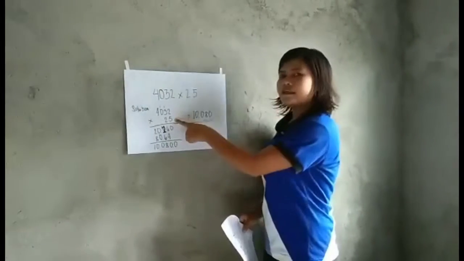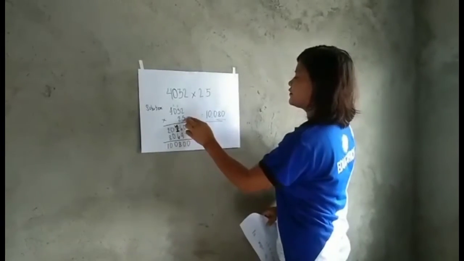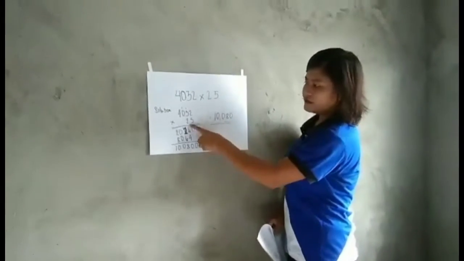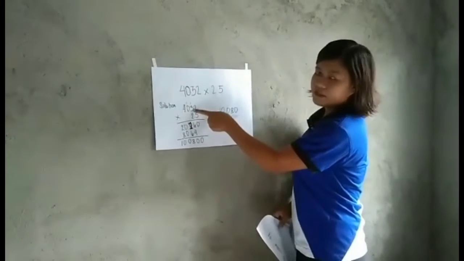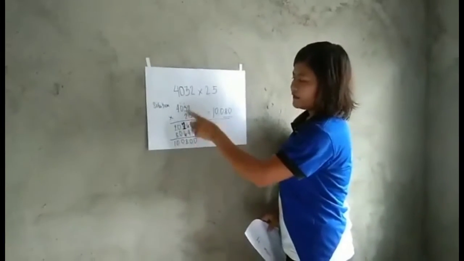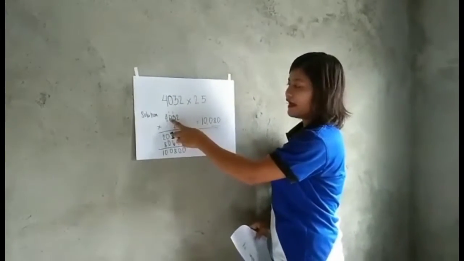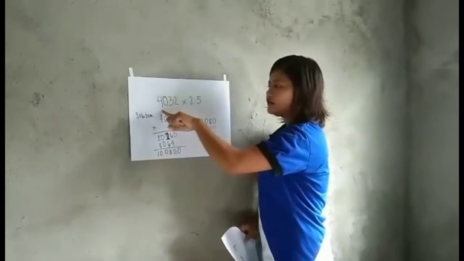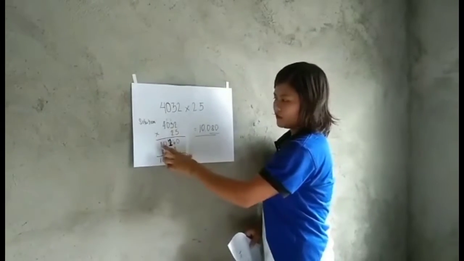Ang una nating i-multiply is yung pinakadulo dito sa right side. 5 times 2 is equal to 10. 0, i-carry natin sa taas. 5 times 3, 15 plus yung isang dinagdag natin, 16, idadagdag natin ulit dito si 1, si 0. 5 times 0 is 0. Lahat ng imumultiply na number sa 0 is 0 ang sagot. Kaya lang meron tayo ditong dinagdag na isa, kaya ang sagot is 1.